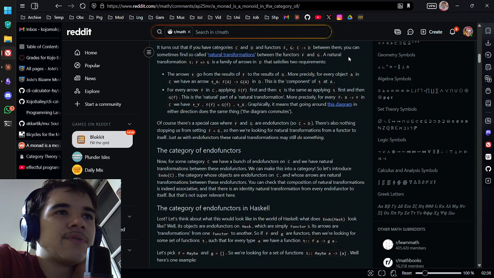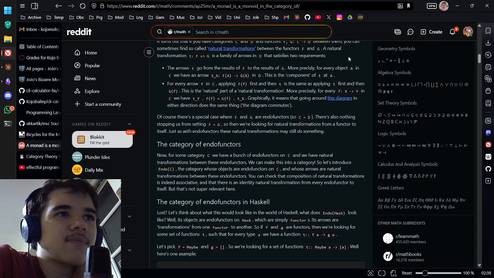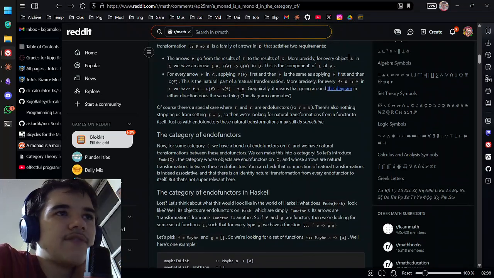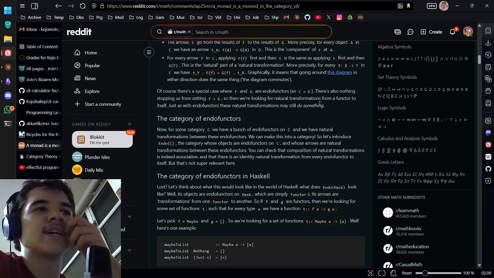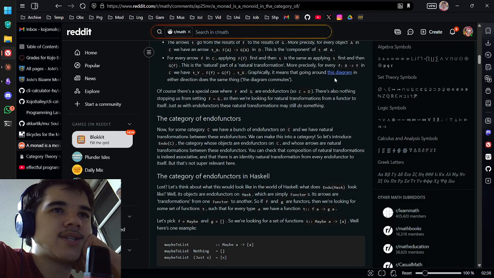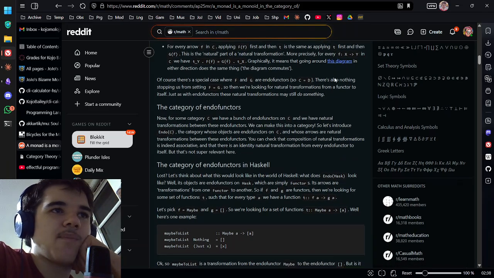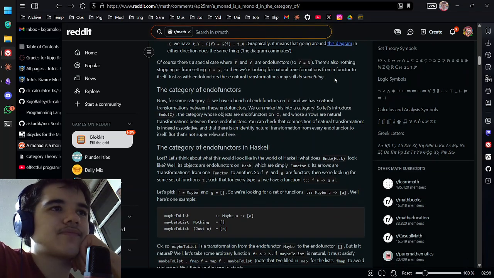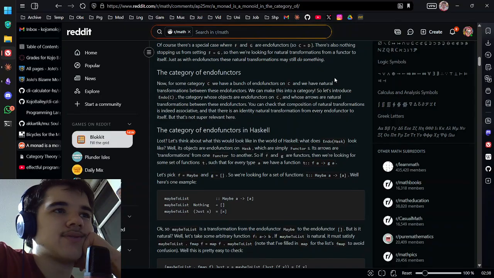The arrows T go from the results of F to the results of G. For every arrow in C, same as applying T first. Okay, so this is naturality, or commutativity, I guess. Commutativity. Of course, there's a special case where F and G are endofunctors, so C equals D. Okay, so now for some category C, we have a bunch of endofunctors on C. And we have natural transformations between those endofunctors.